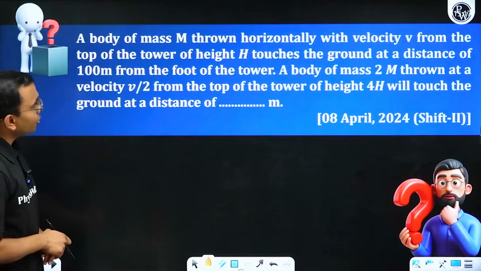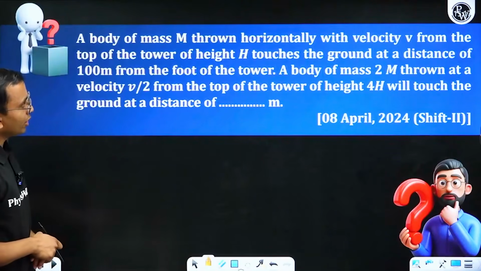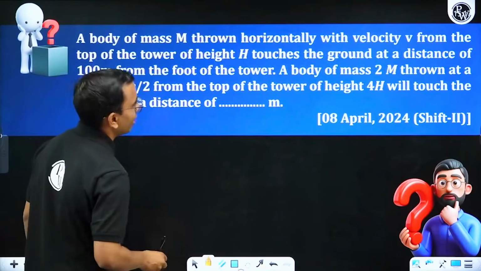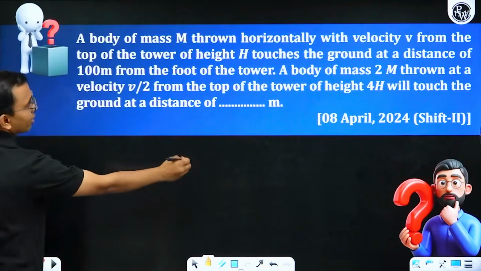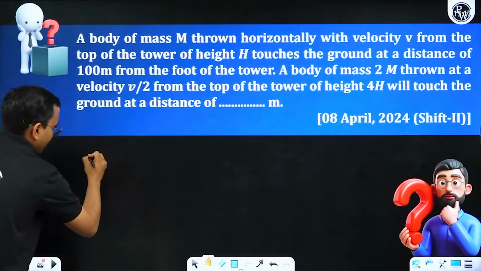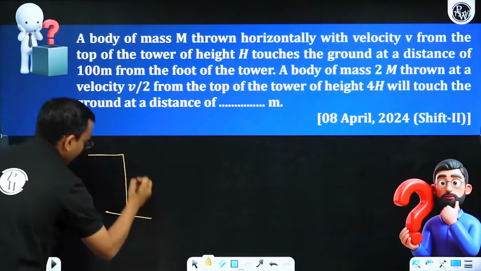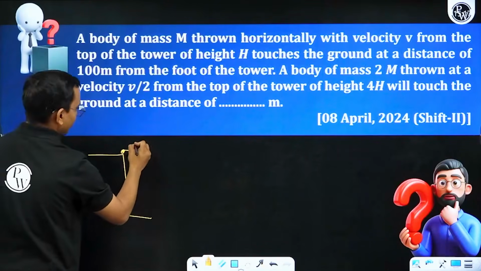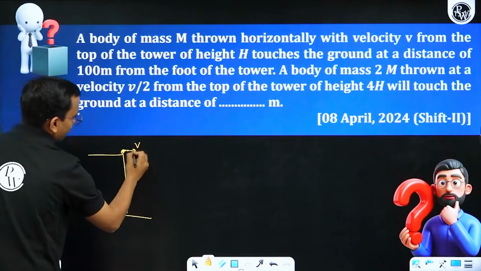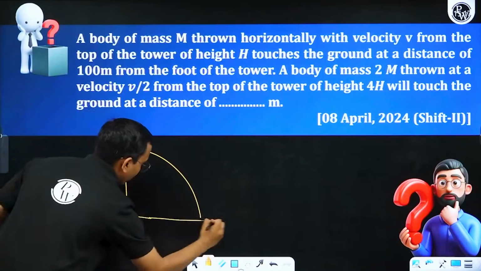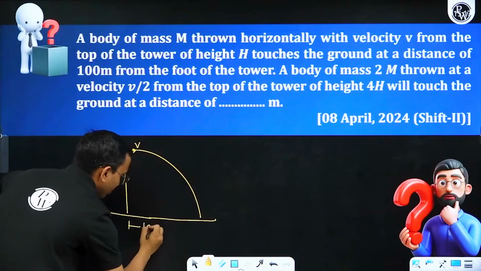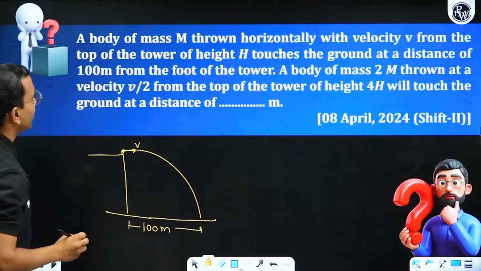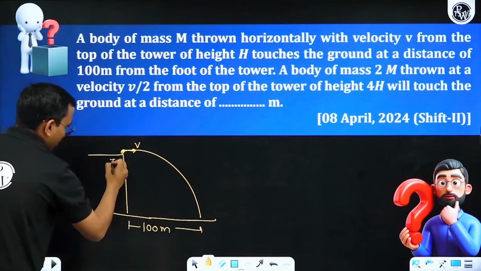A body of mass m thrown horizontally with velocity v from the top of a tower of height h touches the ground at a distance of 100 meter. This height h is given.